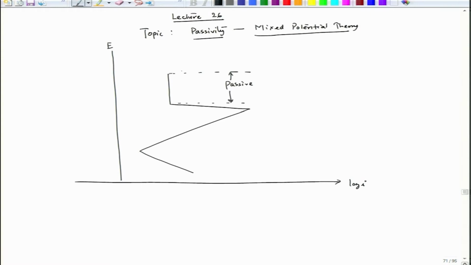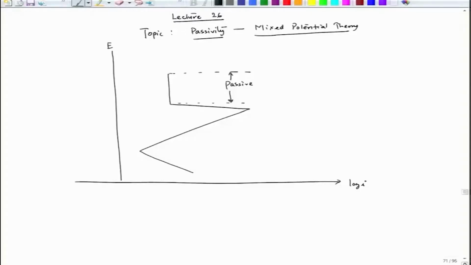Now, after that either we can have increase in current density due to transpassivity, or due to oxygen evolution reaction, or due to formation of porous film, or due to breakdown of passive film, due to the effect of chloride ions or halides.